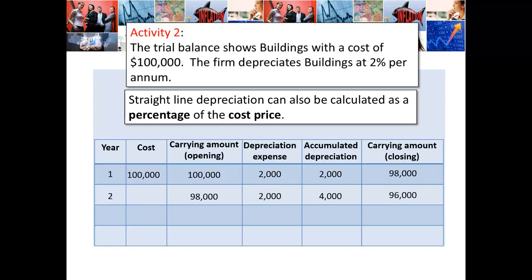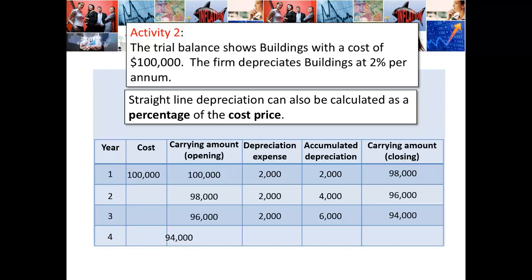Closing carrying amount transferred to carrying amount opening, depreciation expense $2,000 again. You can see it's straight line. The firm depreciates buildings at 2% per annum, and it's off that initial cost price.